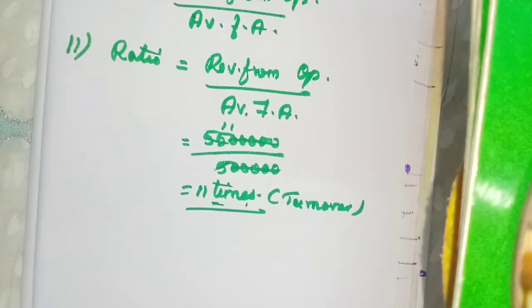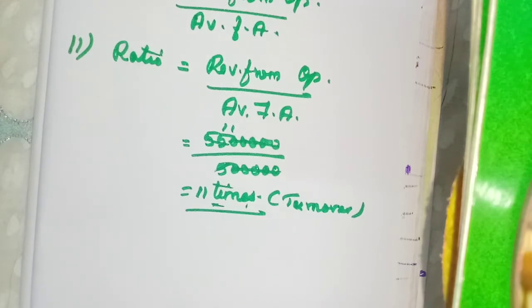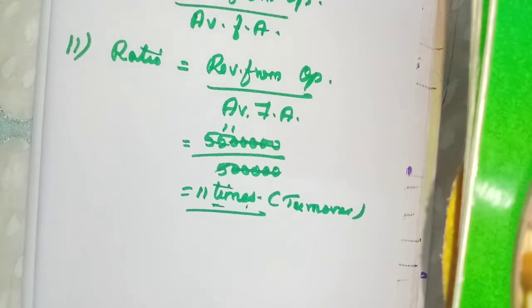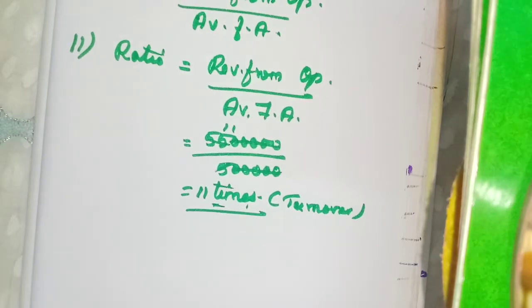Then the third one, trade payables turnover ratio, is related to credit purchases, so credit purchases divided by average trade payables. Then the last one, fixed assets turnover ratio, revenue from operation divided by average fixed assets. I think you are clear about this one.